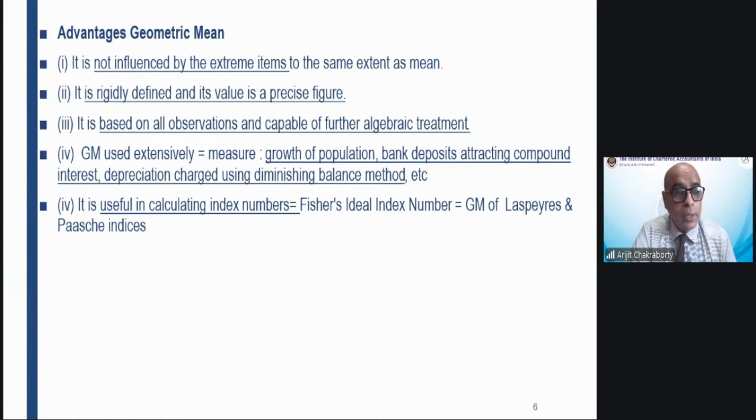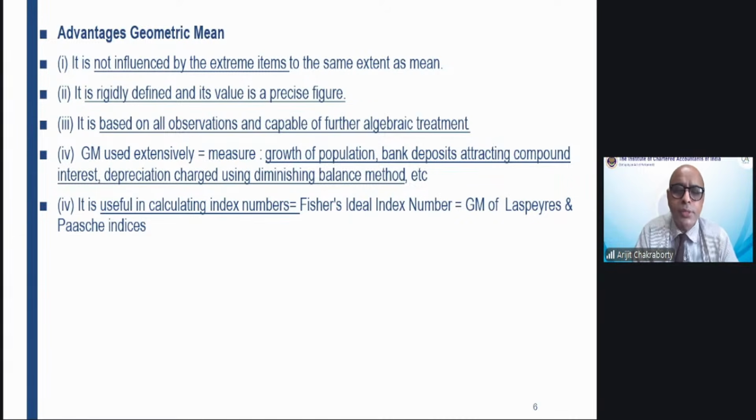So index number is yet another highly practical chapter of statistics which has a wide application in economics, also in finance, in public finance as well, not just corporate finance, even in public finance. So there, one of the index number we have is Fisher's index number, which is also known as ideal index number because of certain key attributes, key qualities.